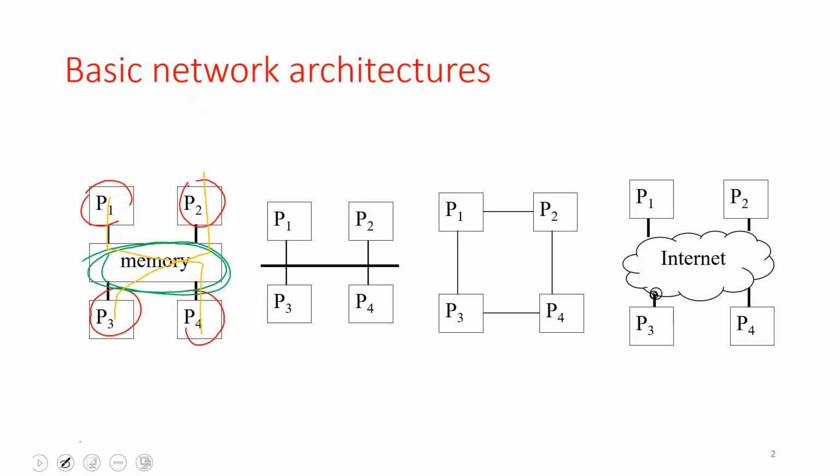In the second approach, again we have components that need to communicate, but here we have a shared common bus, and the data transfer can happen through this common shared bus.